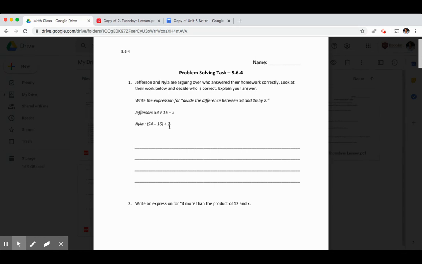So our job is to use the phrase that we were given to determine what the expression should look like so that we can figure out whether Jefferson was correct or Nyla was correct. So I want to hear from you guys. What was your first step in understanding this problem and being able to solve?